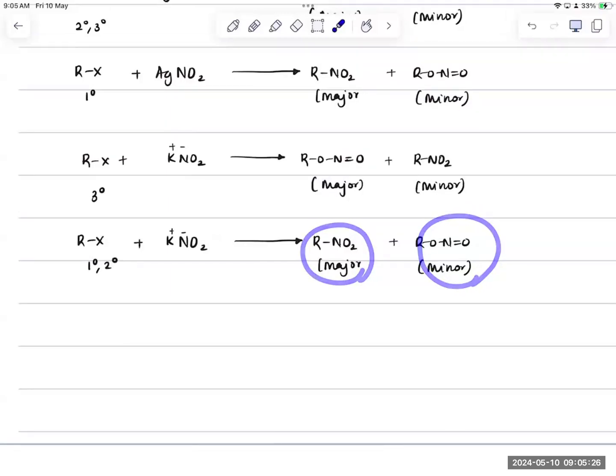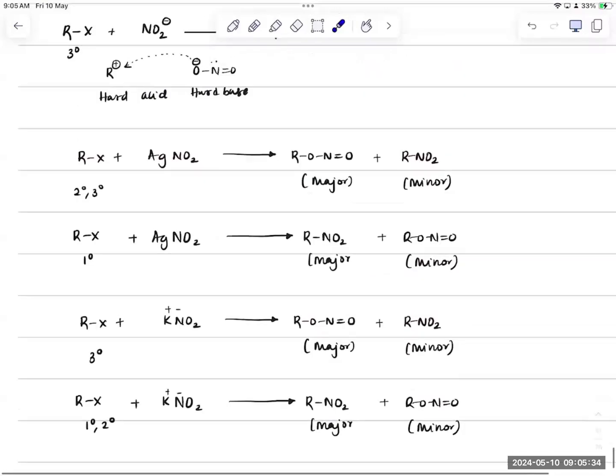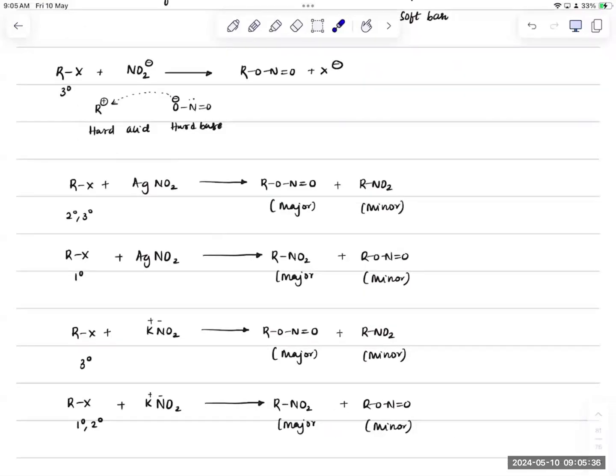But if it is 3-degree, definitely RONO is major and RNO2 is minor. Done. So this is one area which you need to understand more thoroughly, what exactly is happening there.